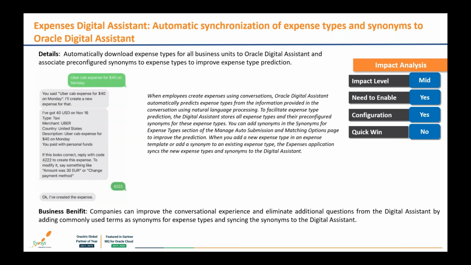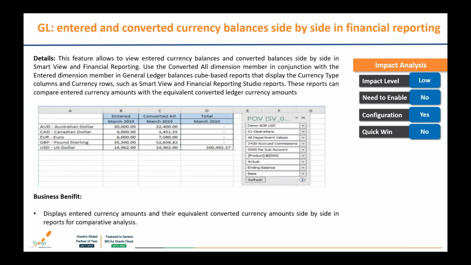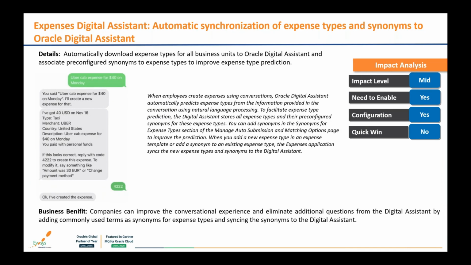The next one is for the digital assistant, the expense digital assistant: automatic synchronization of expense types and synonyms to the Oracle digital assistant. Now it is a good feature introduced by Oracle on the Oracle digital assistant front, wherein if I just provide the details of the expenses, that is, what kind of expense I have incurred, the system will automatically identify to which expense type I need to map this particular expense.